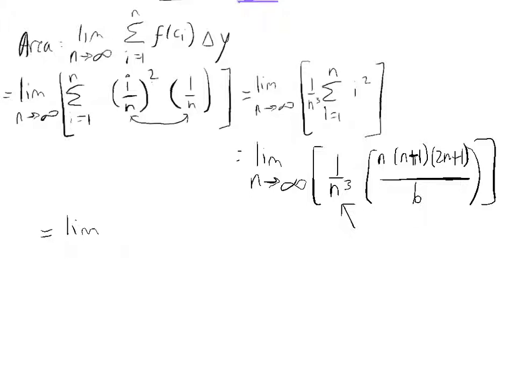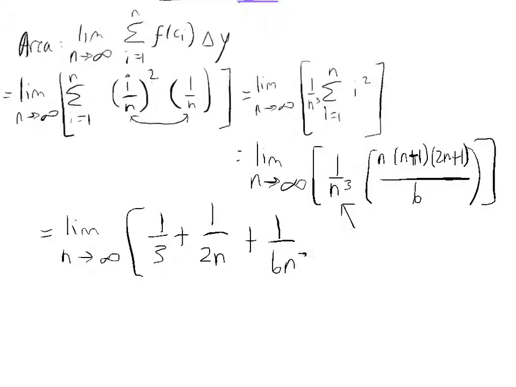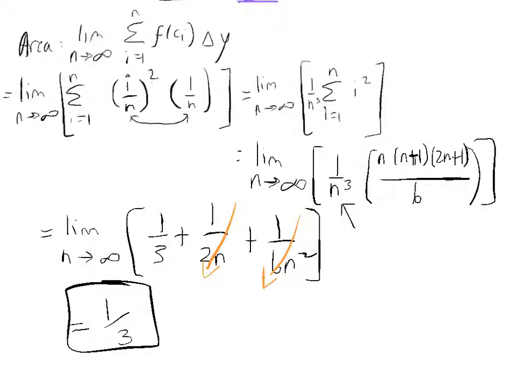So I'll write it out: the limit as n approaches infinity of 1/3 plus 1 over 2n plus 1 over 6n squared. Taking the limit, this term goes to 0 and this term goes to 0 because there's an n on the bottom. Final answer is 1/3. The area of that region is 1/3.